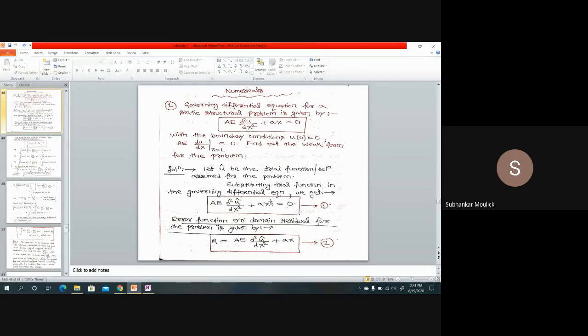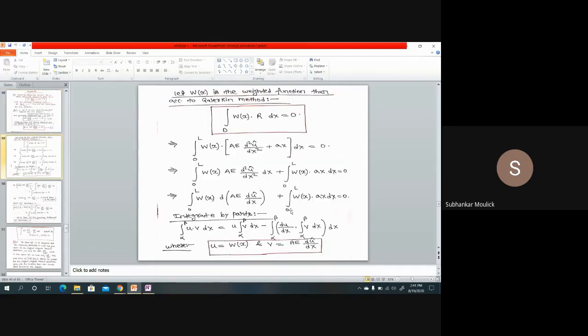In this question, nowhere has it been told that you find the approximate solution of this problem. It has been told that you just find the weak form of the given differential equation. Finding the weak form means you have to reduce the differentiation order of the unknown variable in such a way that one differentiation order is adjusted onto the weighted function.